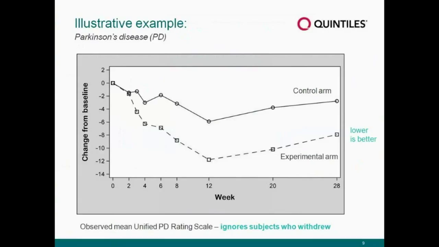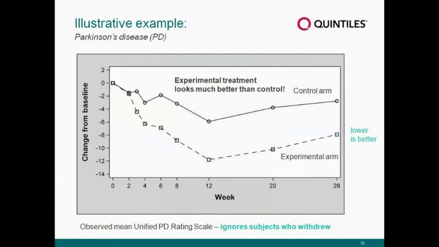And you can see that the control arm, represented by the solid line, has efficacy scores that are clearly worse in the mean than the experimental arm, because lower scores are better. The experimental arm is represented by dashed lines. However, these plots, since they are plain, simple means of the scores, ignore subjects who withdrew.